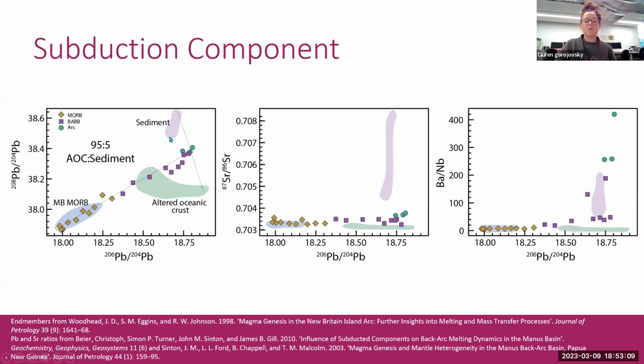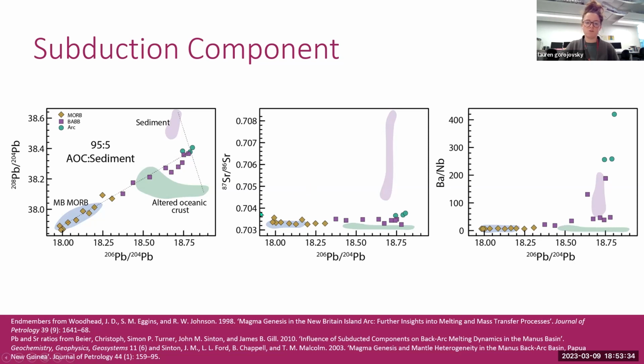The slab component we assume is a mix of some sediment and altered oceanic crust, mixing with the MORB or depleted MORB mantle of the Manus Basin. By doing a mixing model, we come up with roughly 95% altered oceanic crust and 5% sediment component.